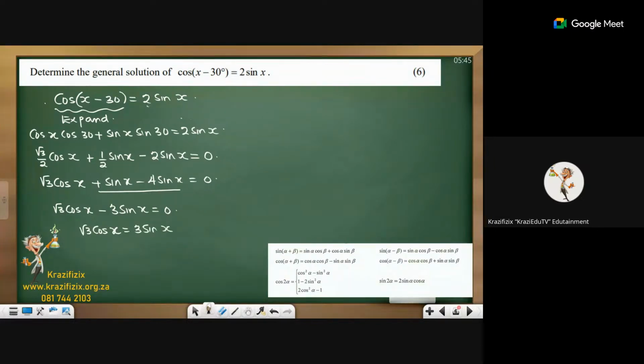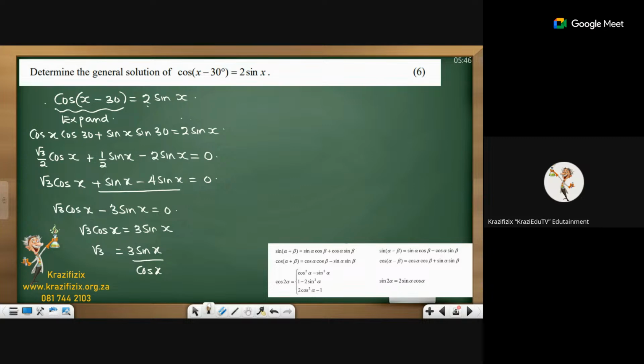My rule says never divide, except you are going to get sine theta over cos theta. Let's divide both sides by cos x. What are you going to have? Root 3 equals 3 sine x over cos x. Check that.